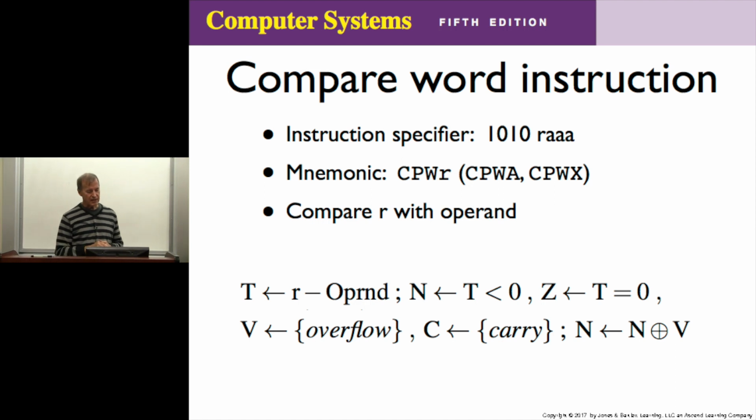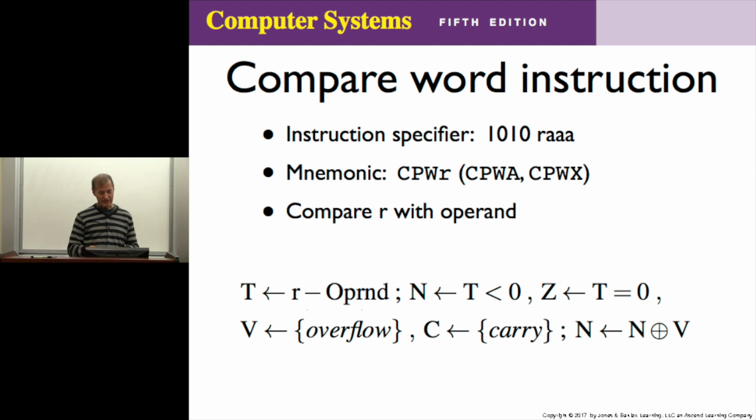What it does is it actually subtracts two things, but the only reason it does the subtraction is to set the N, Z, V, and C bits, so that you can then do a conditional branch afterwards.